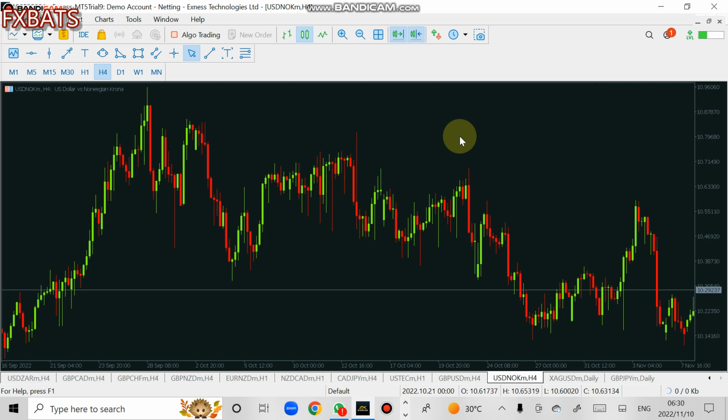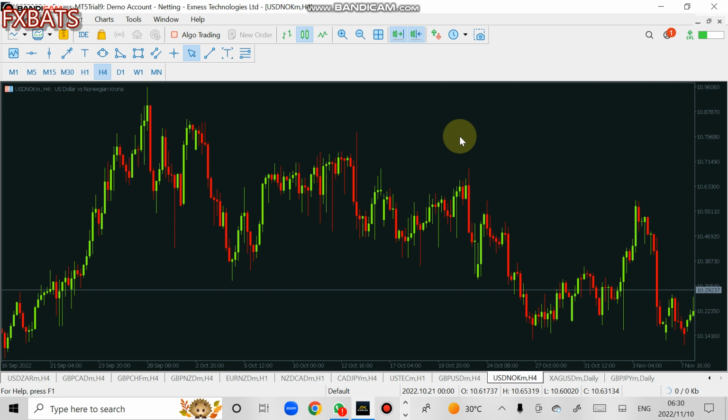Most people happen to mark them by wicks, and some happen to mark them by candles closing outside, below, or above the key level. So precisely, we should look into that same scenario.